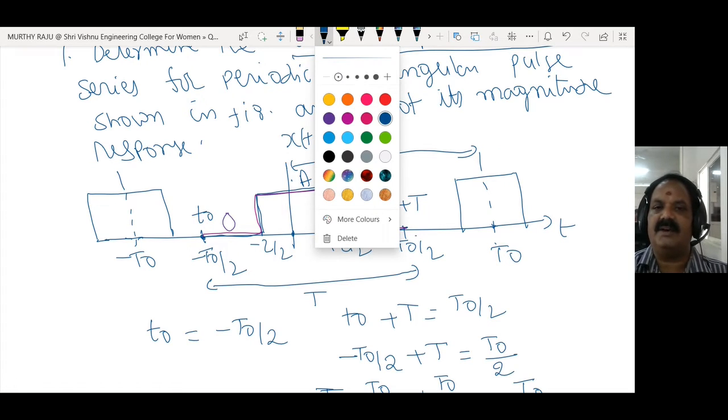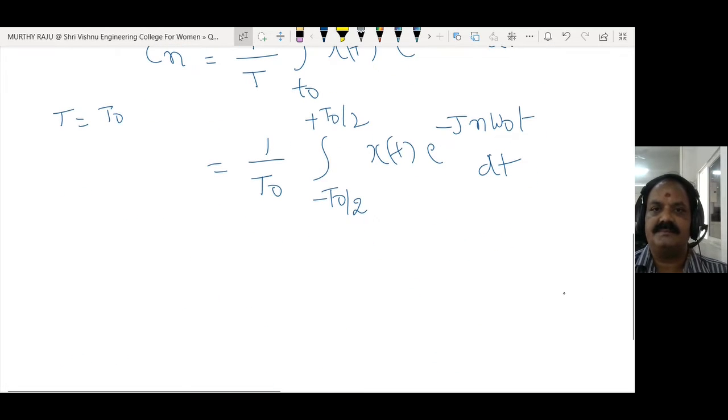Based on that, I have to divide this interval into 3 intervals.